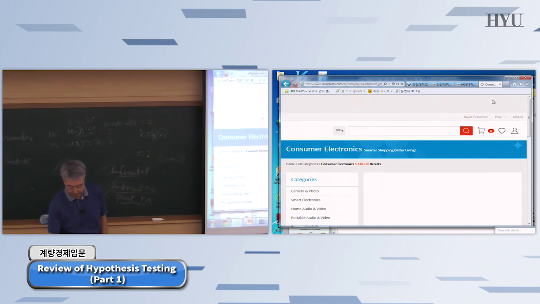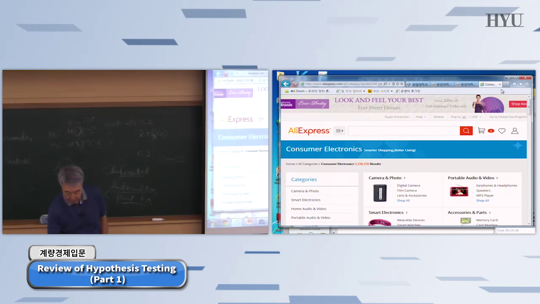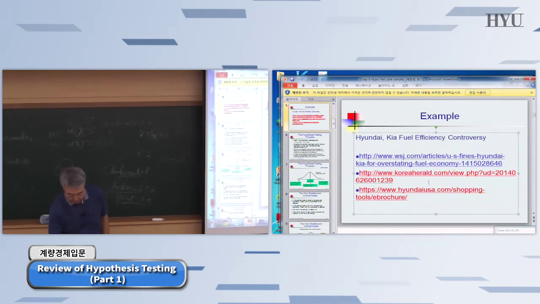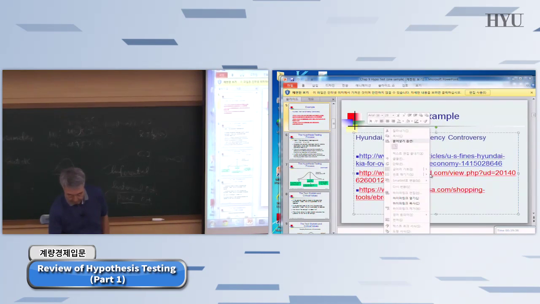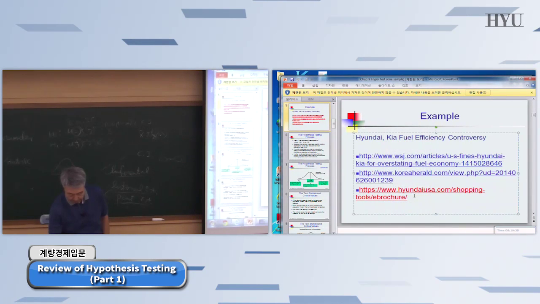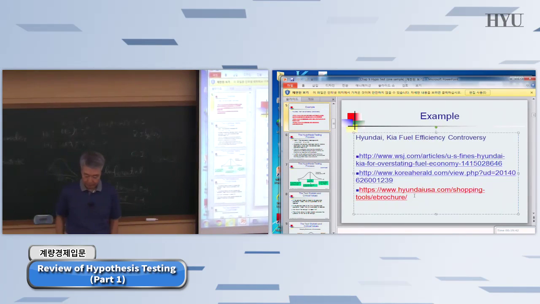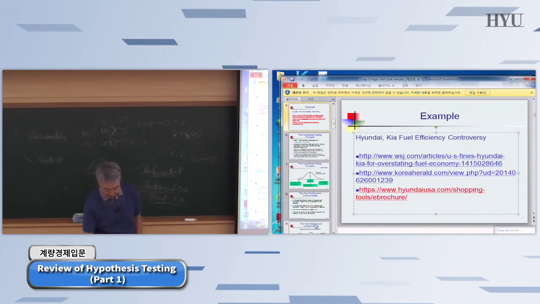Anyway, I found out that actually in Korea there was the same discovery or controversy a few months earlier.